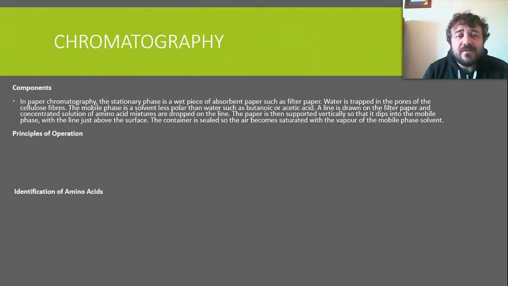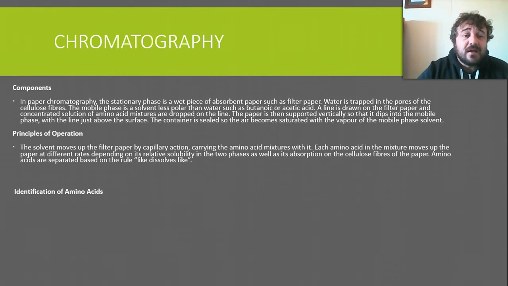Neither of these are actually the proteins and amino acids. You draw a line where you're starting, and the solvent will move up the paper via capillary action, and it will bring the amino acids which have been broken down with it.